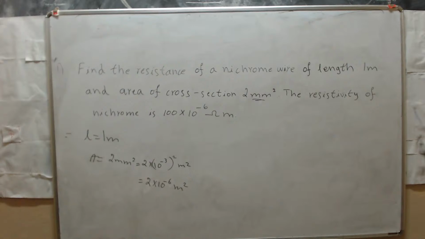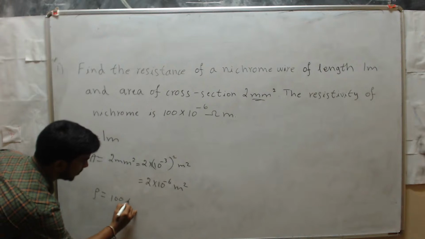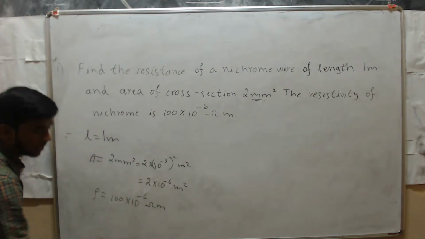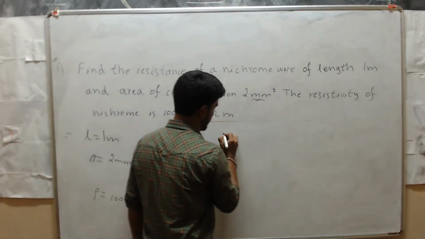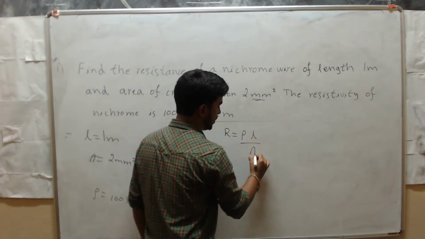So now rho value is 100 into 10 raised to the power minus 6 ohm meter. Yes. Now tell me the answer. We use the formula R is equal to rho into length divided by area.